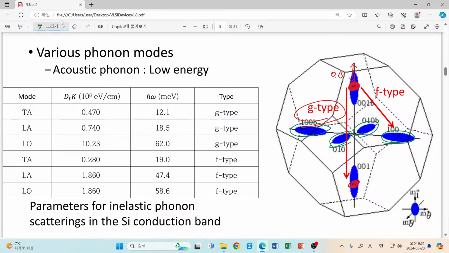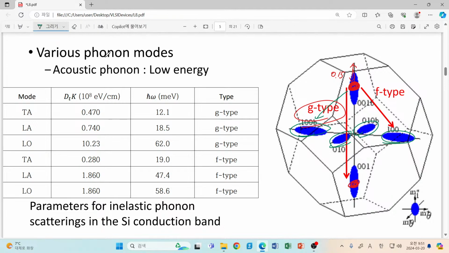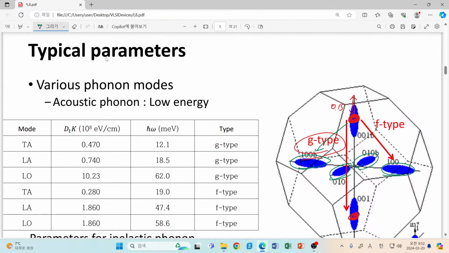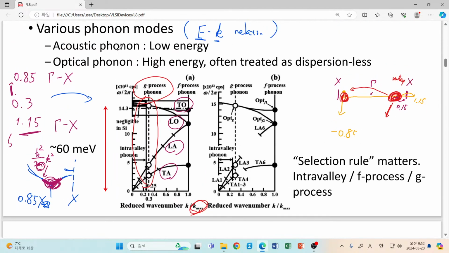In this case, you have to have quite a large K value for your phonon. Where can you find this kind of thing? This kind of transition is typically called an F-type transition, and it can be placed in this position. You know that in this case its value is almost close to 1, because it goes from the border of your Brillouin zone to the other border of the Brillouin zone.